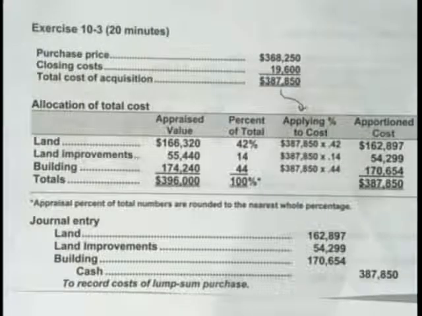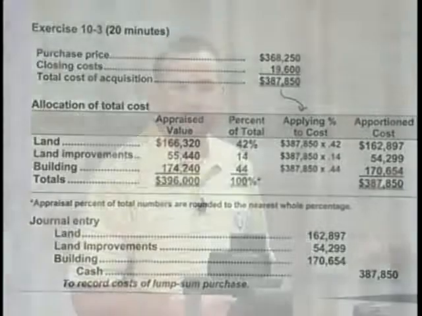All right. Does that make sense, folks? By putting them all together like that, is that how you show that it was like one purchase? You're just breaking it up? Because I did separate ones. You did a separate journal entry for each thing? Yeah, so you did like debit land for 162,897, credit cash, debit building, credit cash. See, I probably wouldn't do that, because let me ask you this.